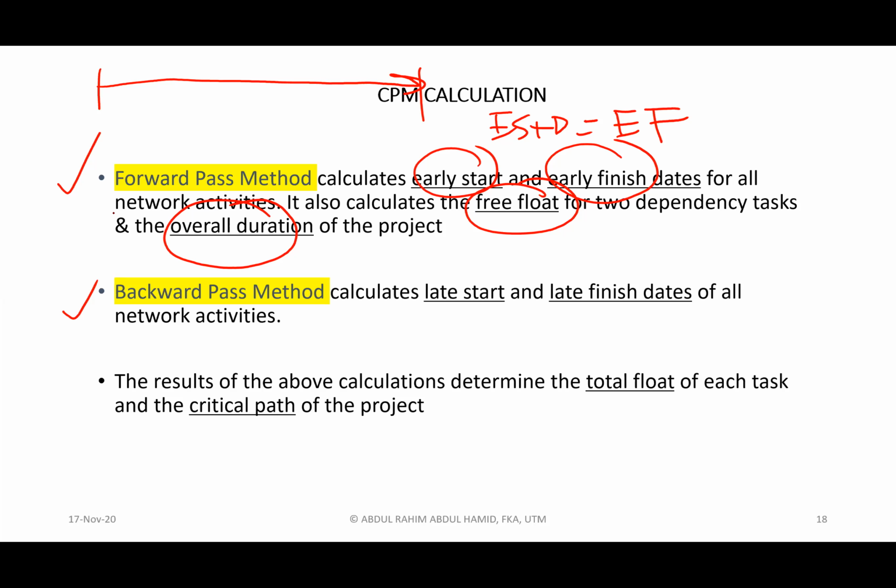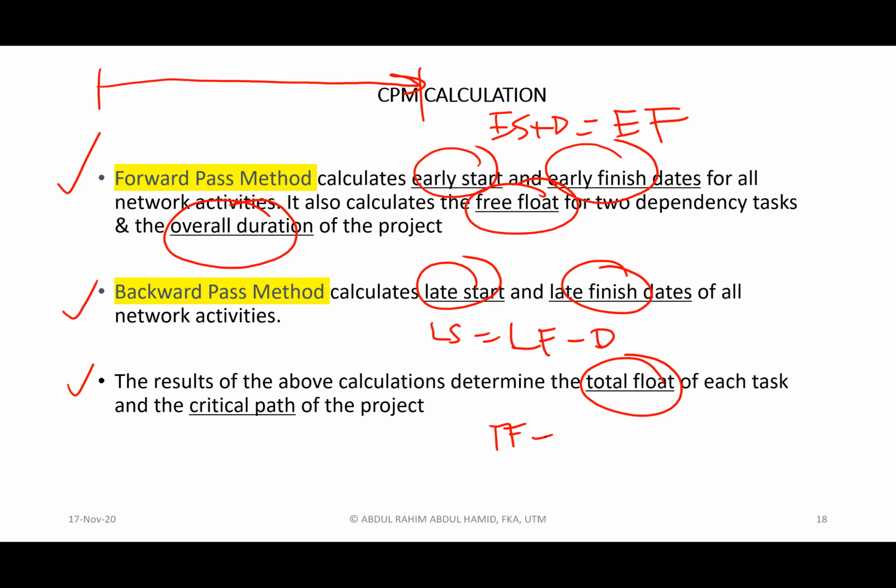But then you can complete the backward pass method by calculating the late start and late finish. How to get the late start is simply late finish minus duration. You got those things. And then after you have completed the late start and late finish, you can calculate total float, because the total float values can be determined from the differences between these values.